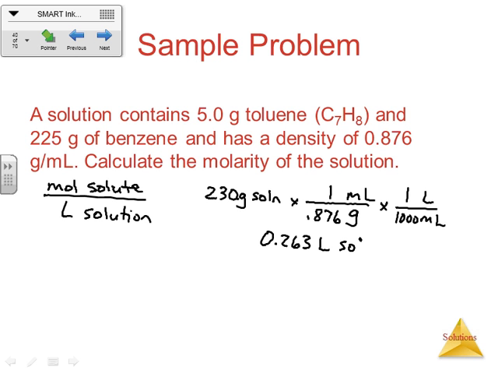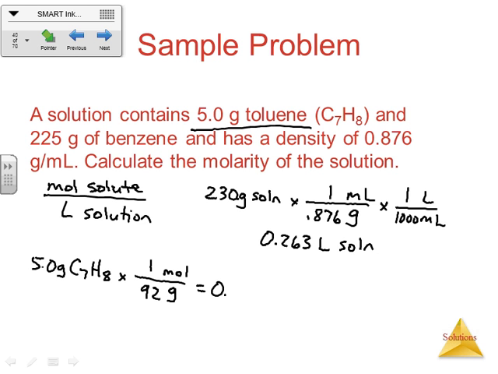liters of solution. Then we just need to find the moles of our solute, which, again, is the toluene because there's less of it. So 5.0 grams of that. We just need to change that into moles. About 92. And now our students are going to be mad at me because I'm just estimating on my molar mass. 5 divided by 92 is 0.054.